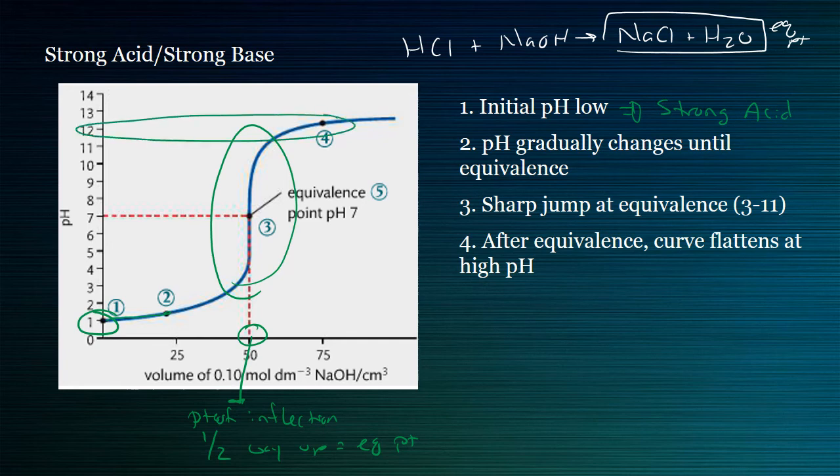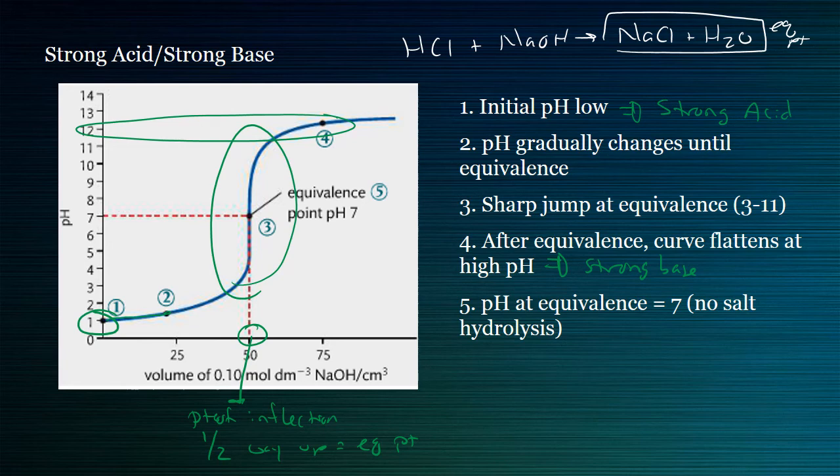That signifies that we have a strong base in the solution. And because we can go that halfway point up that point of inflection, our pH at equivalence is going to be 7. And the reason it's going to be 7 is because we're working with a strong acid and a strong base, which means they have weak conjugate acids and bases, so there's no salt hydrolysis.